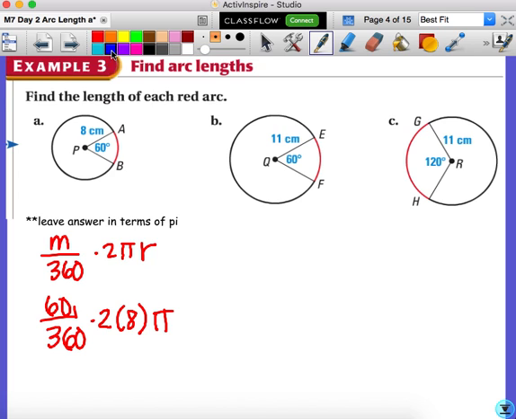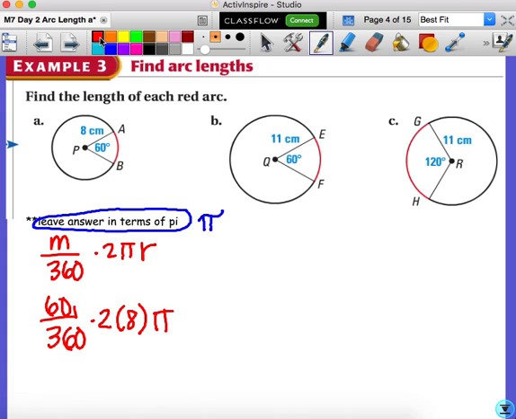The reason I'm going to do that is they say to leave our answers in terms of pi. That means the pi symbol should still be part of your answer. So we're going to find all of the numeric components, 60 divided by 360 times 2 times 8, but we're going to leave pi as part of our answer. I'm going to try to rewrite this in as nice a format as I can.